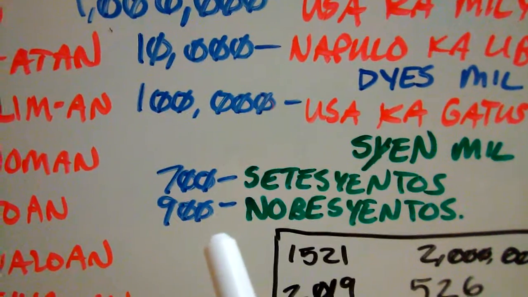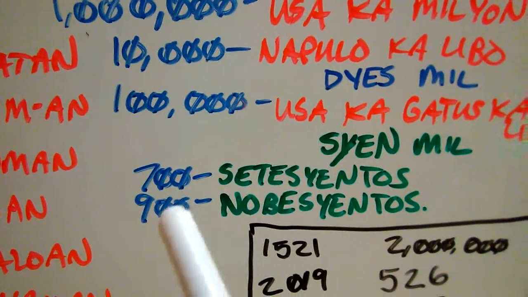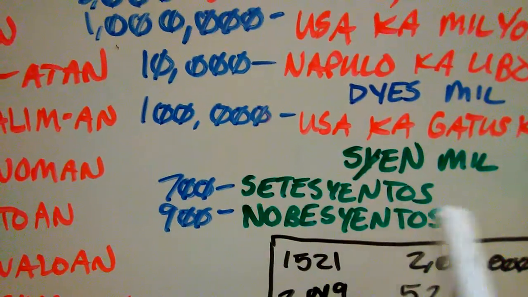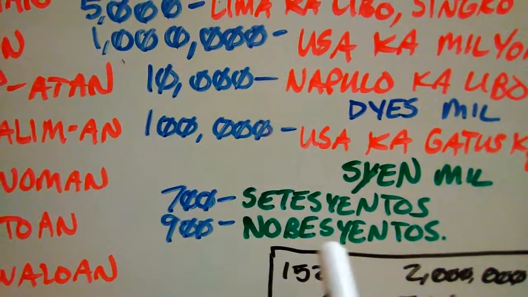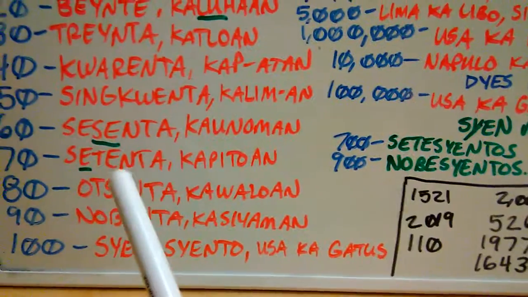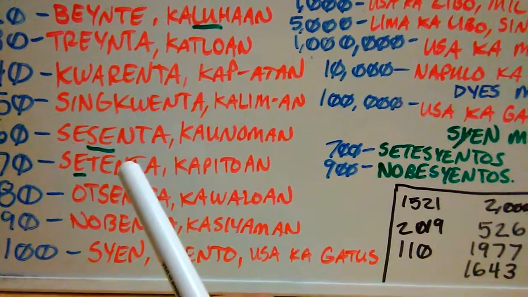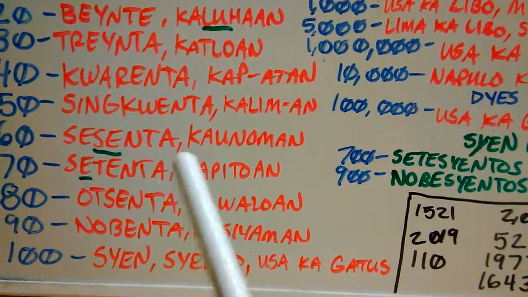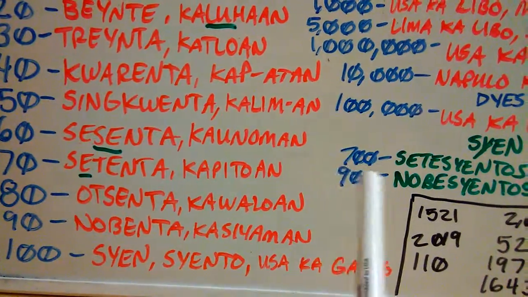And the last two irregular ones that we'll take a look at here are 700 and 900. 700 is setecientos, okay? Setecientos. Again, it's not like here in 60 where it's se, because 600 would be seiscientos, okay? Seiscientos.